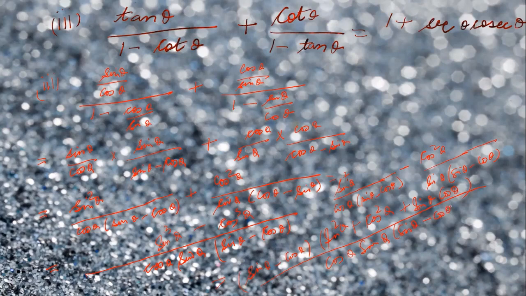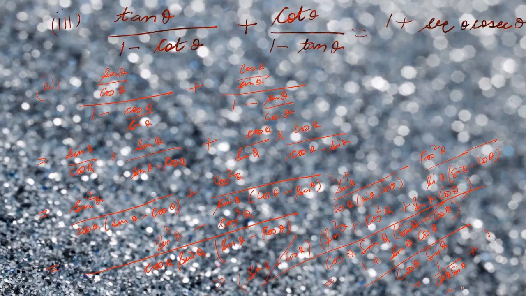Minus cos theta. Okay, so you can cancel this term, and by the first identity it will be 1 plus sin theta cos theta divided by cos theta sin theta. Okay, or you can write like this, 1 upon cos theta sin theta plus 1.